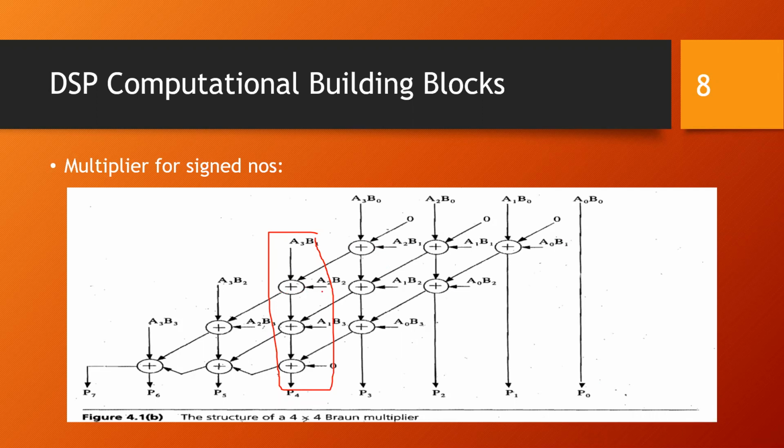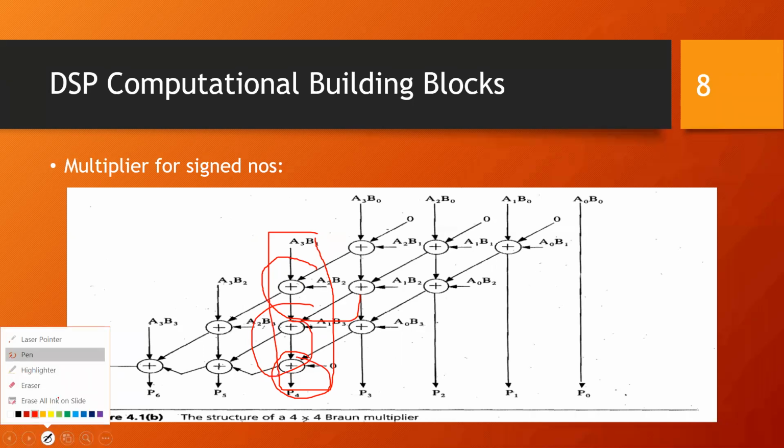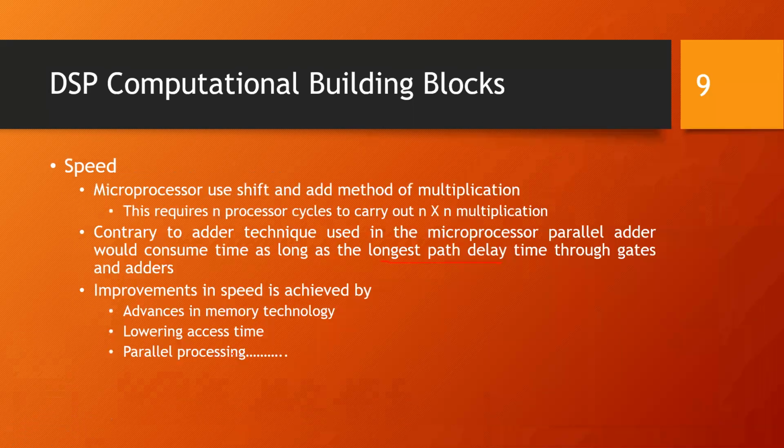The overall delay is dependent on the longest path present in this circuit when we want fast processing. In a microprocessor, generally you don't go for a parallel adder, but we try to achieve it in this form in DSP.